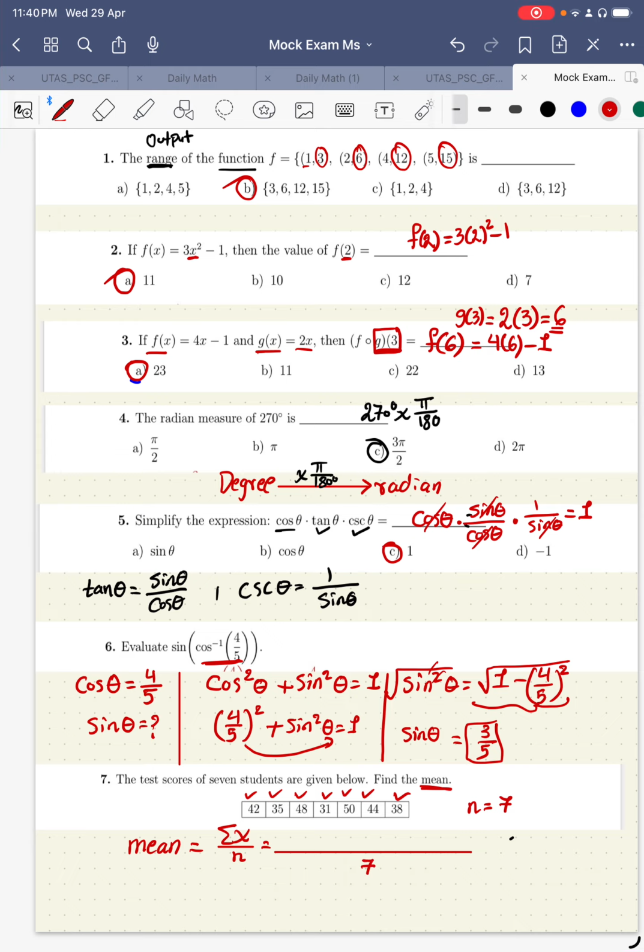My numerator is the summation of all values, which means 42 plus 35 plus 48 plus 31 plus 50 plus 44 plus 38. And of course, I'm going to use the calculator to find that this is 41.14. And that's my mean.